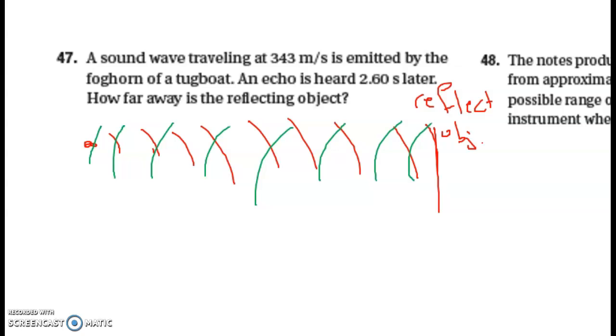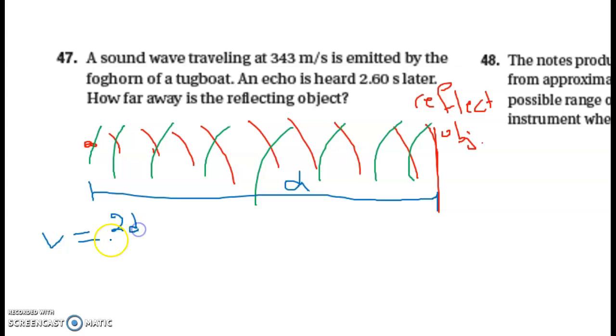D is the distance between the source and the barrier. So this is d, between the source and the barrier. The wave covers 2d. That's why we write v is equal to 2d over delta t. Then you do cross multiplication.